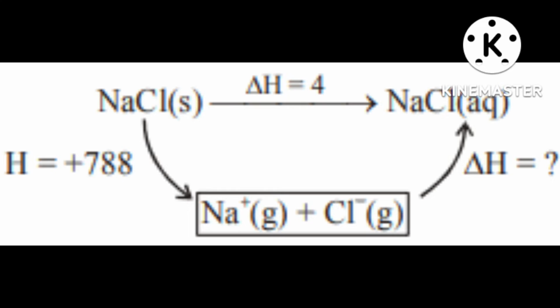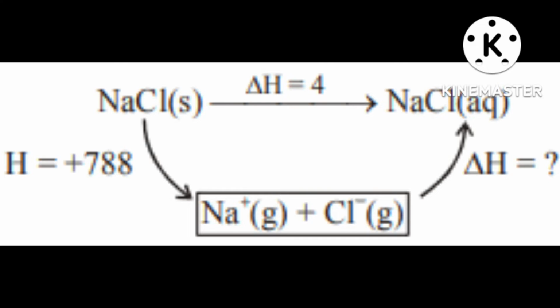I gave the example already. Again, NaCl solid converts to Na plus gaseous and Cl minus gaseous, and at that time you have to supply heat. How much? 788 kilojoule per mole. That is the lattice enthalpy.